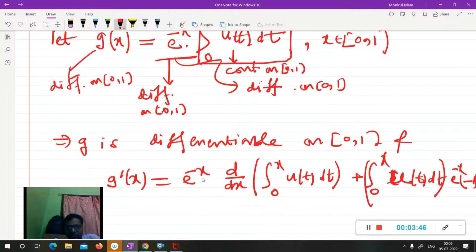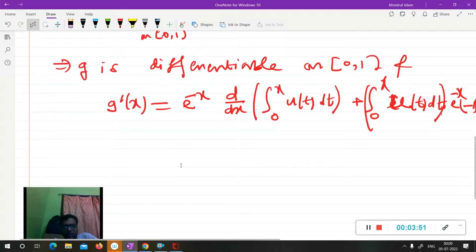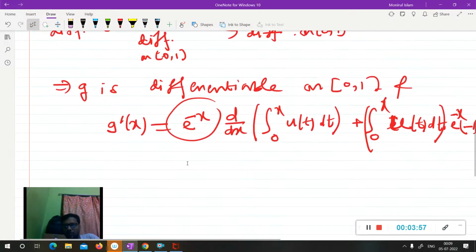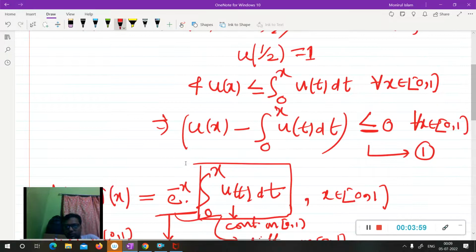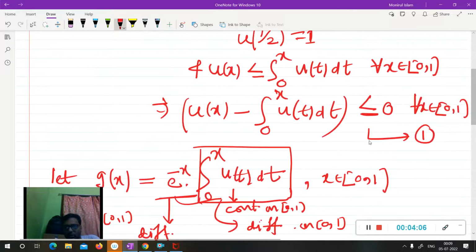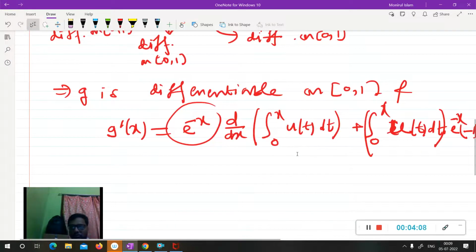Since e to the minus x is present in both the first and second terms, take out the common factor e to the minus x.